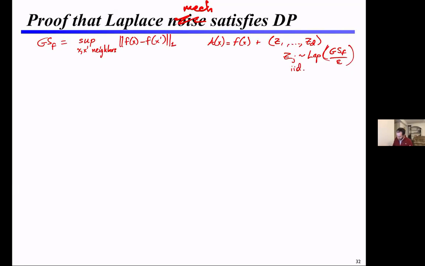Okay, so let's prove our main claim that this mechanism satisfies epsilon DP. All right, so how do we do this? Well, let's start by fixing neighboring data sets x and x prime, and they live in whatever space the data lives in.